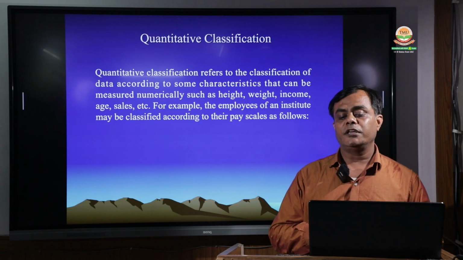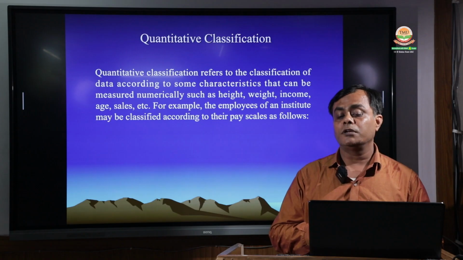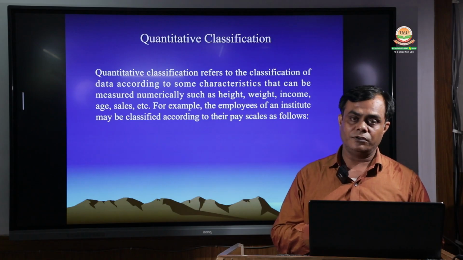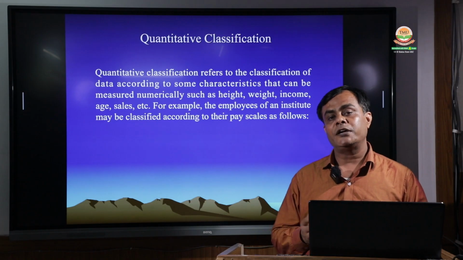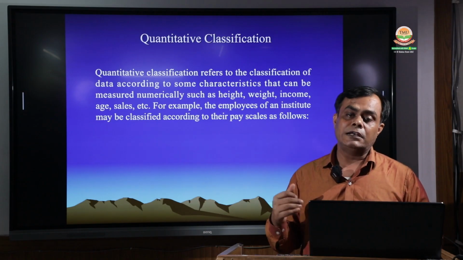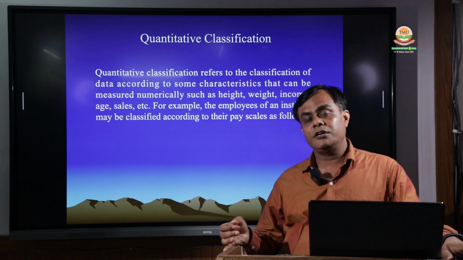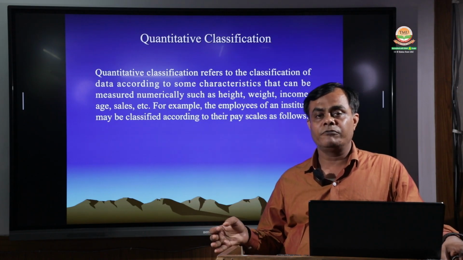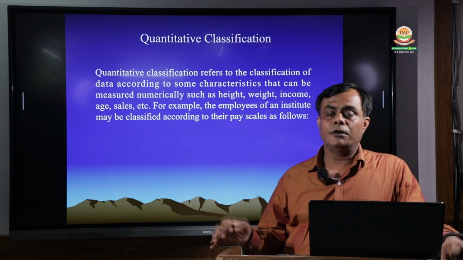For example, the employees of any institute may be classified according to their pay scale as follows. If we are talking about the classification of employees in any organization, that is classification on the basis of their pay scale, on which scale or which income they fall within, in a particular group.